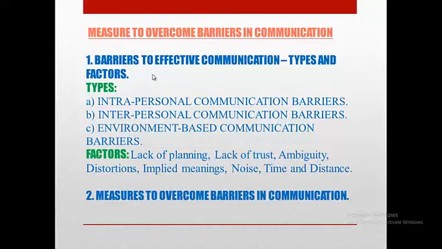They may either be related to the other person one is communicating with, or they may be due to the individual's own shortcoming, or both. These interpersonal communication barriers may arise due to various known or unknown external elements.